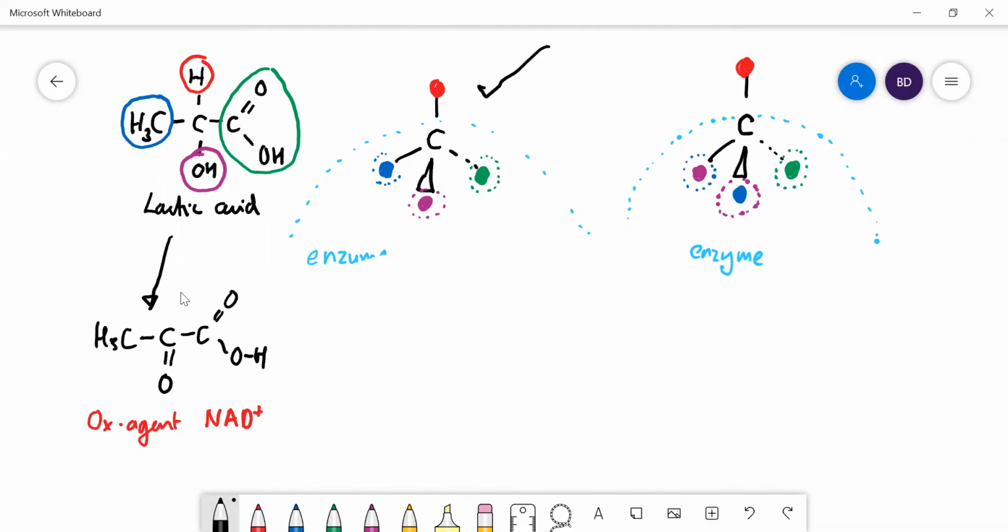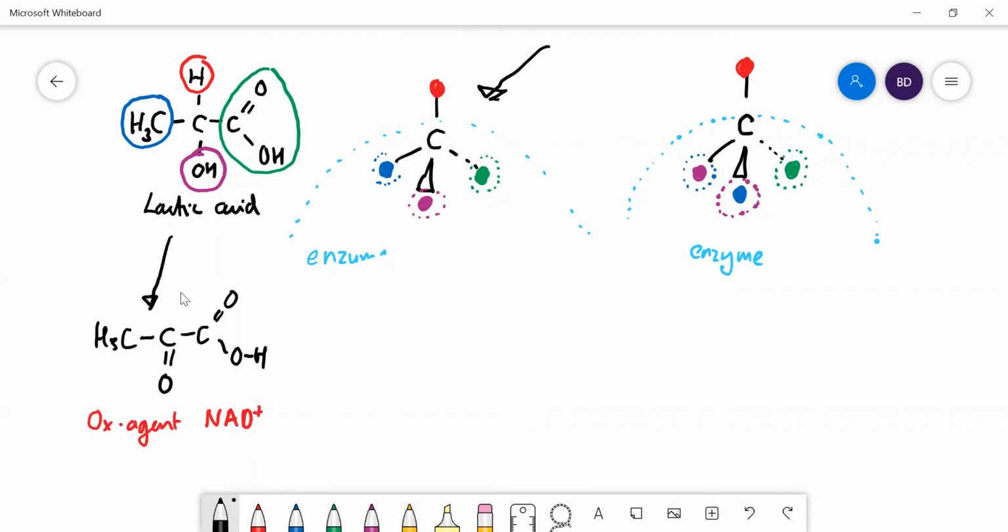I've got this one, and I've got its non-superimposable mirror image on the right. You see I've reversed the positions of the purple hydroxide group and the blue methyl group.